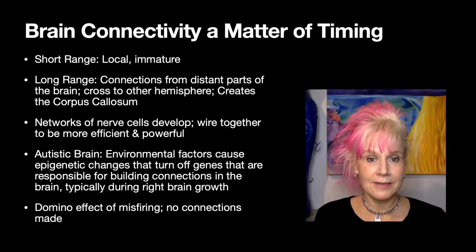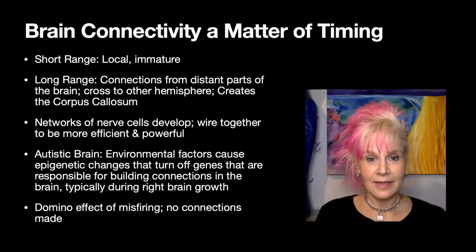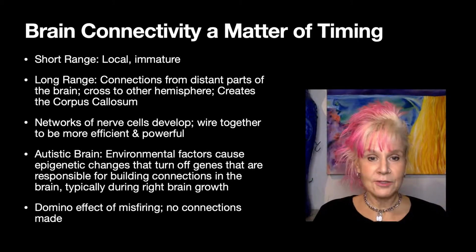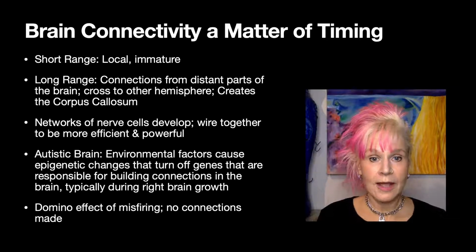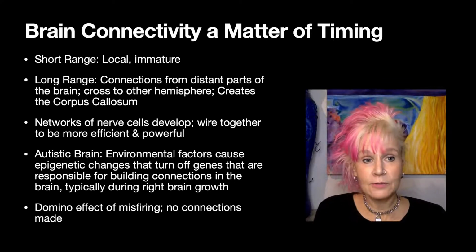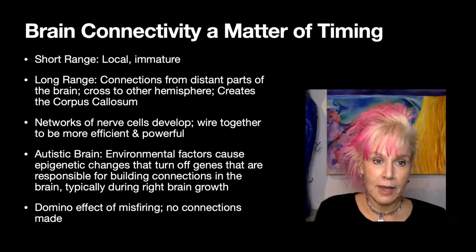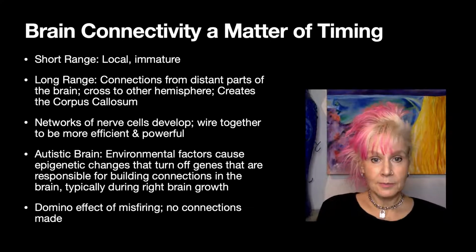So it starts in one place locally, and then as time goes on, the network of connection becomes longer and longer as that brain develops and matures. So these networks of nerve cells wire together to be more efficient and powerful, so that what goes on doesn't have to be when one nerve cell gets stimulated.